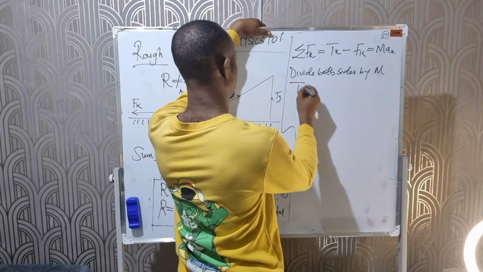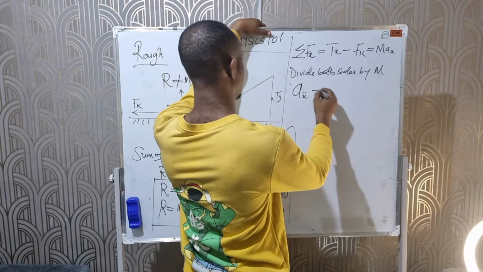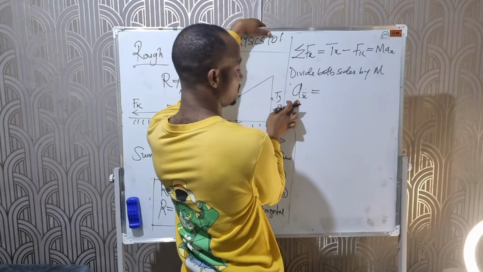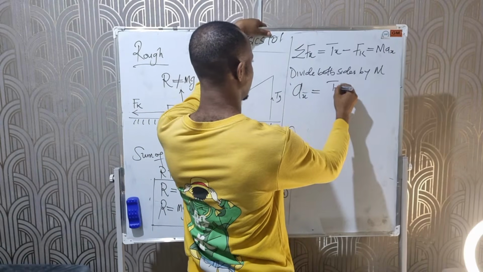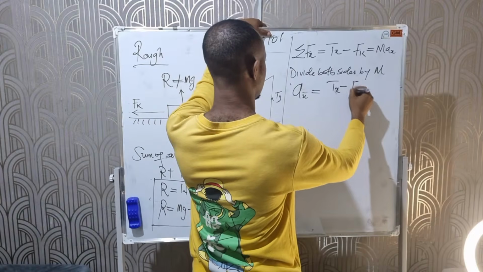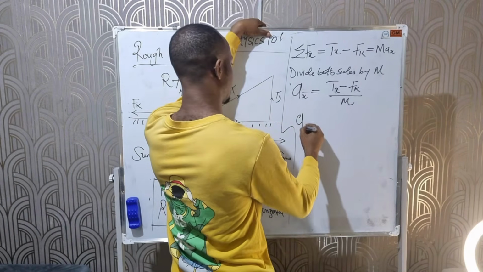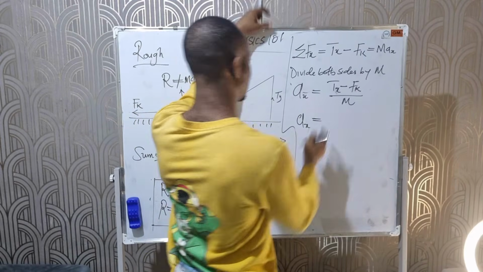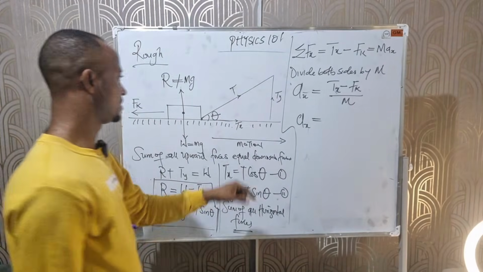By the time we divide, mass will cancel from here. So we are left with acceleration along the horizontal axis, which equals Tx minus Fk divided by mass.